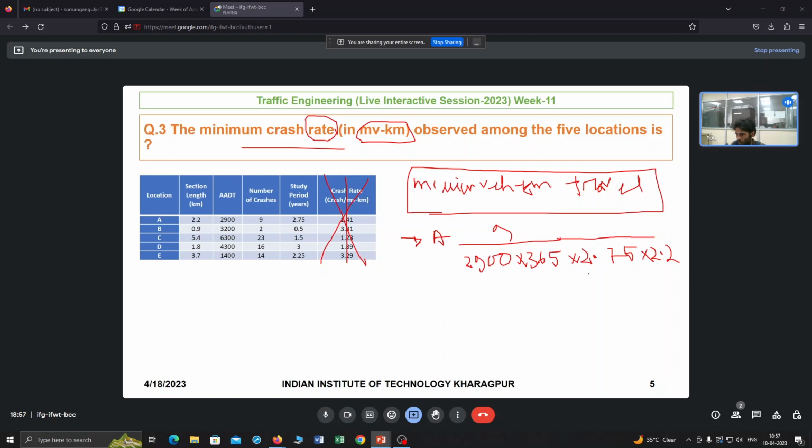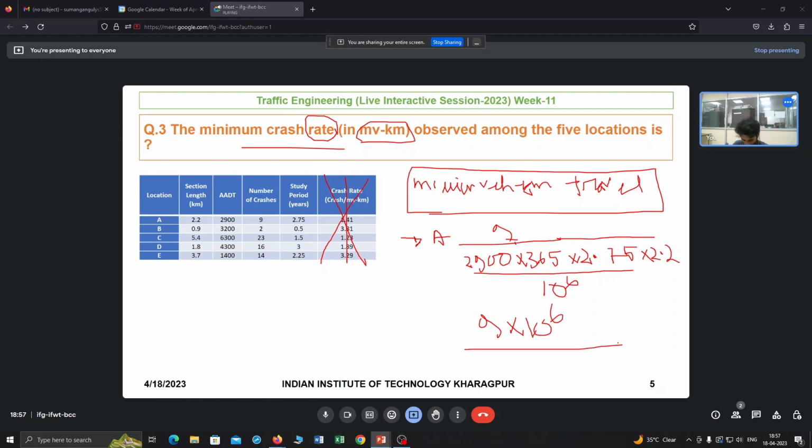And per million vehicles it is saying, so here you can divide it by 10 to the power 6. So this many vehicles divided by 10 to the power 6 is per million vehicles. So you can say 9 into 10 to the power 6 by this.